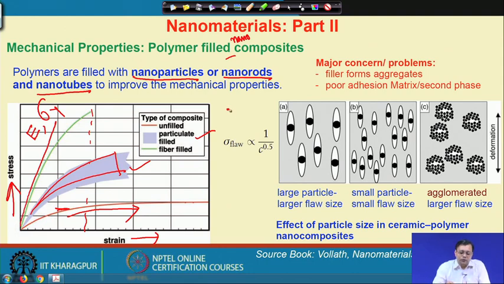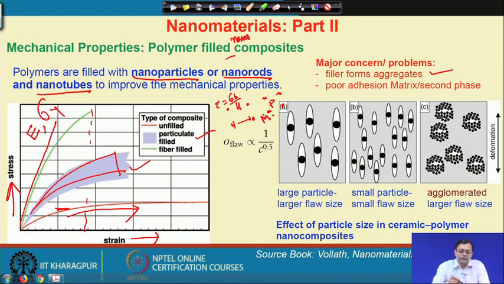I want to introduce a particle to get effective strengthening, as you know sigma is equal to G b by L, where L is the length between pinning centers and so on. So everywhere the homogeneous distribution of the second phase is very important. If these particles tend to agglomerate or make an aggregate, that gives poor properties. On the other hand, there is a matrix and a second phase, and there should be good bonding between the matrix and the particle, which is expected.